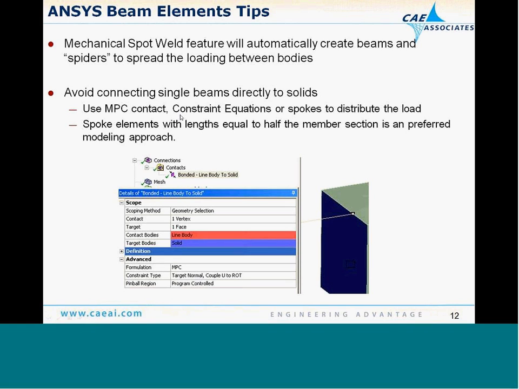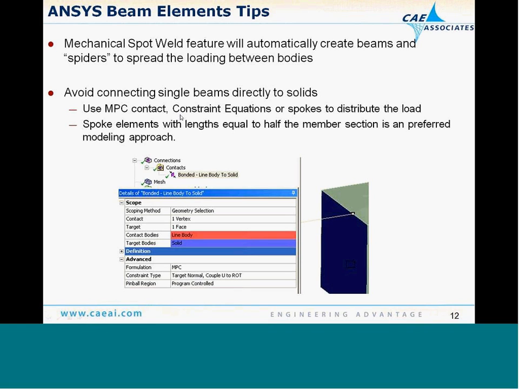And that's indeed the next slide: a couple of tips for including beams in my solution. You may have already included beams and not known it, because when you use the Mechanical spot weld feature, it automatically includes beams in your structure.